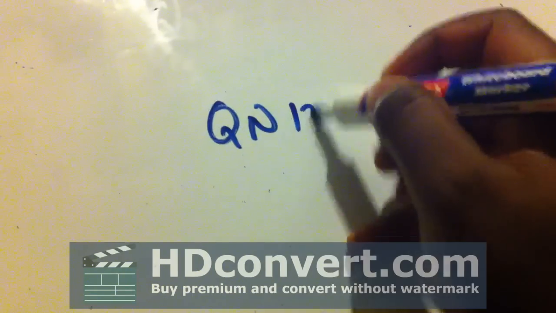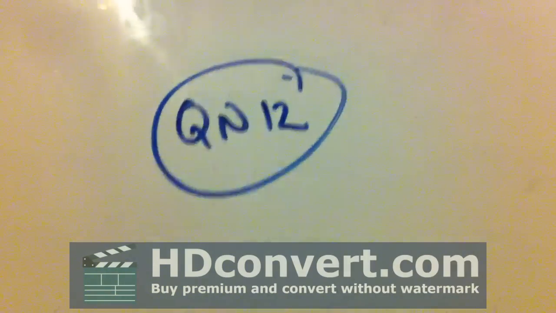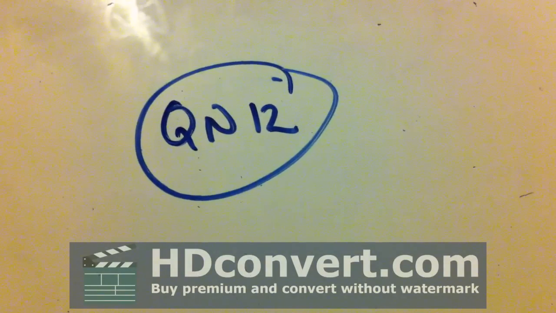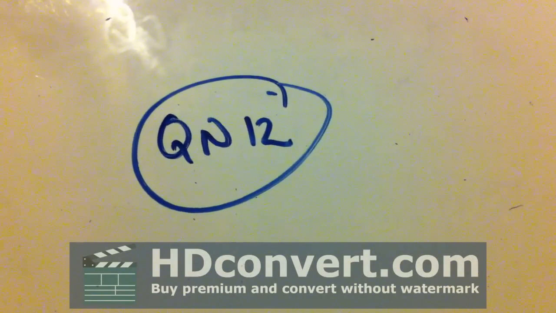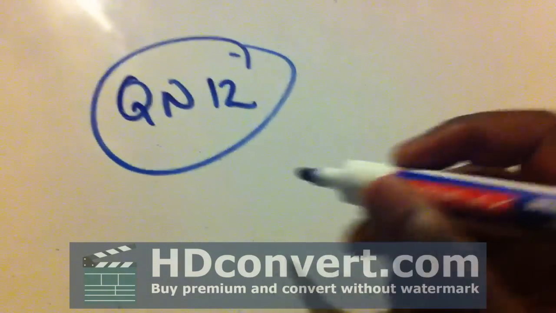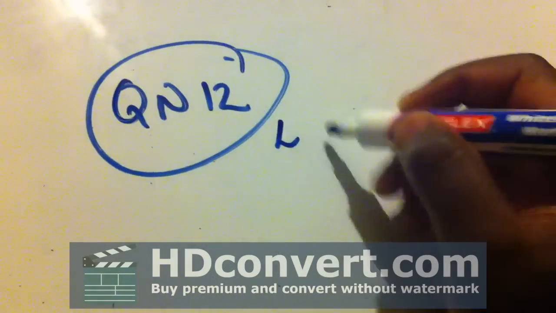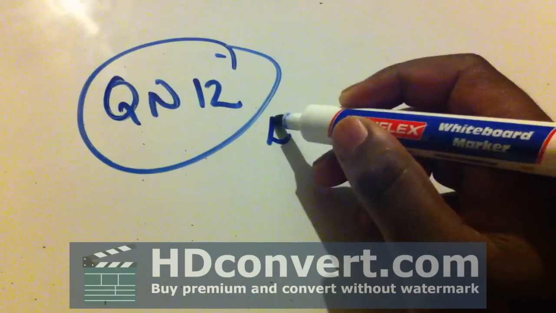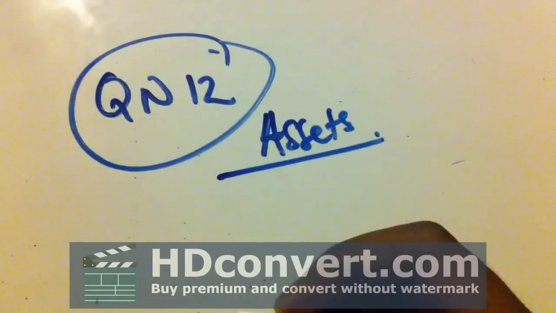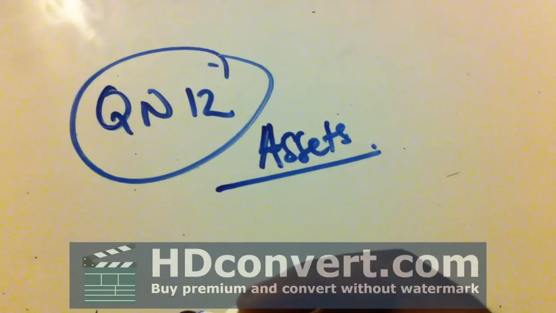Question number 12. You're given a table there. The amount of total assets in the accounting records. It's very simple. So you need to determine the total amount of assets. Identify what are the assets.